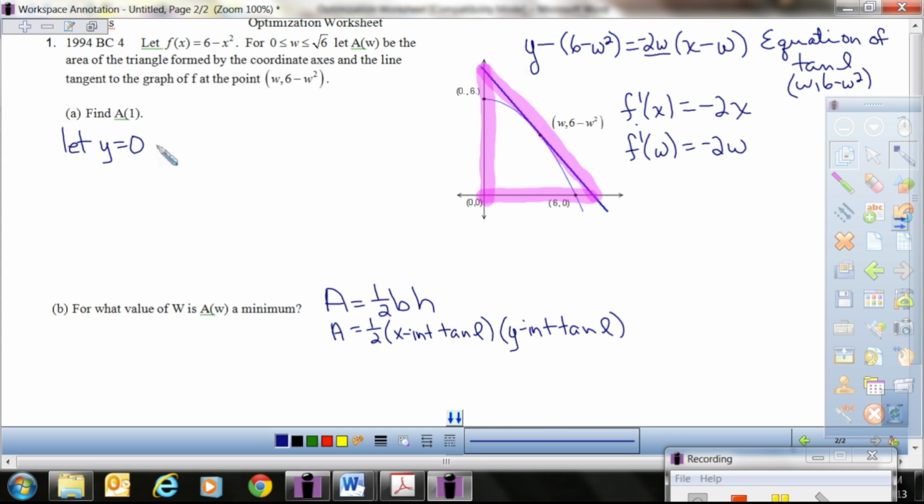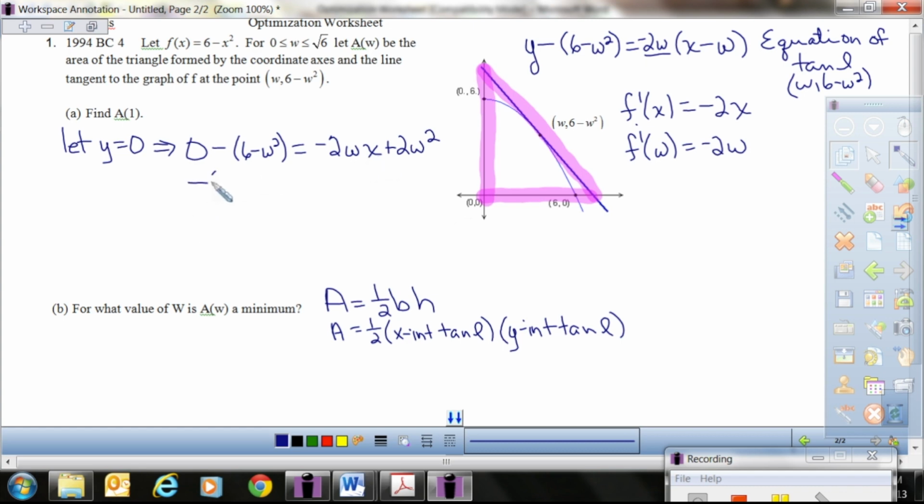So if y is 0, that yields 0 minus, and I'm going to keep these in parentheses, and it'll make sense maybe. Then I'm going to actually distribute this, and maybe this will make sense when you see some other things, but I think it makes it easier. That's going to be negative, negative, which makes plus 2w squared. So we're going to solve for x.